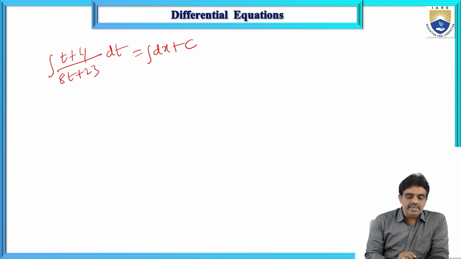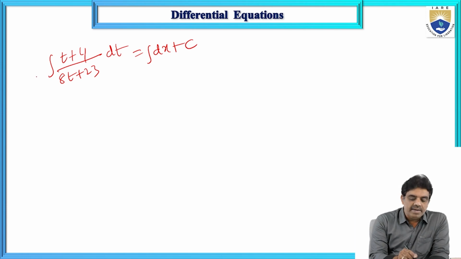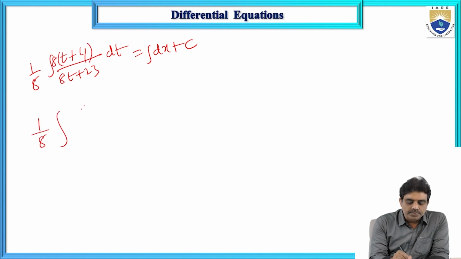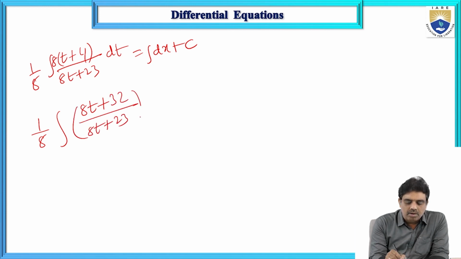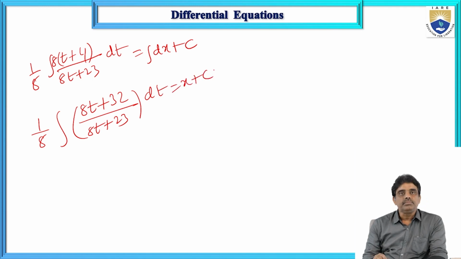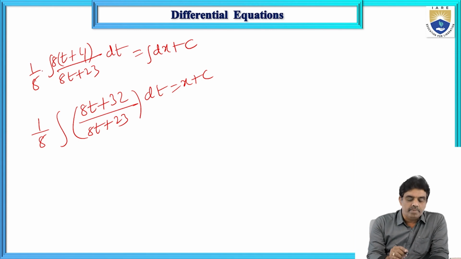Now to evaluate the integral, I multiply and divide with 8. Then you get 1 by 8 into (8t plus 32) by (8t plus 23) dt is equal to x plus c. I have just multiplied 8 in the numerator and denominator.